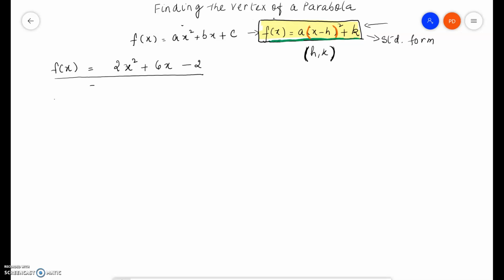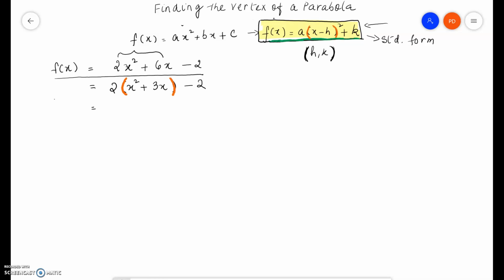So the first step is to factor out a 2 from the first two terms of the quadratic function. So that would be x squared plus 3x, and we leave the 2 outside. Now we have to work inside the parentheses to complete squares.